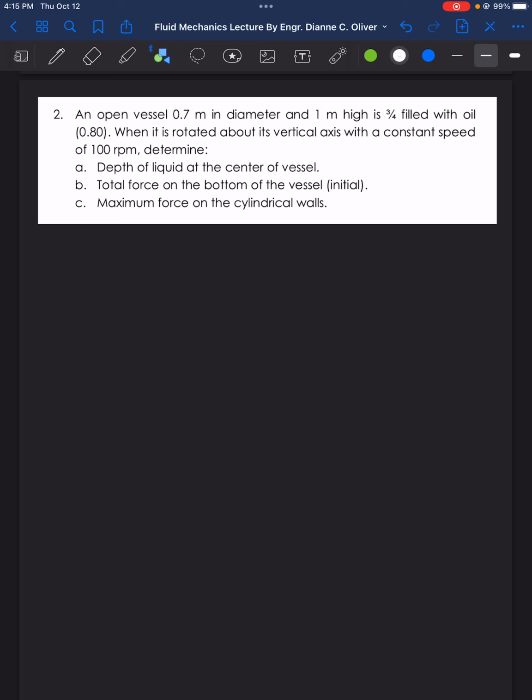So we have here for letter A, depth of liquid at the center of the vessel.